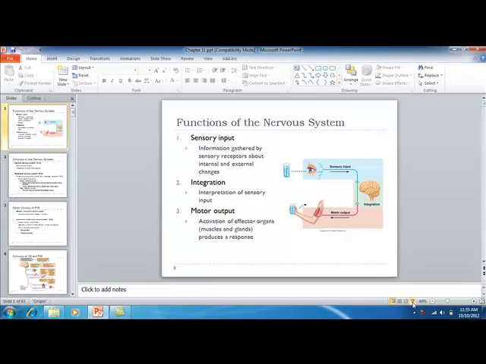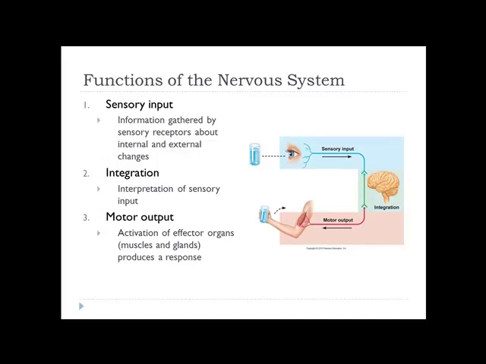So we're doing the nervous system, chapter 11 right now. First off, the function of your nervous system, the gist of it, is going to be three things: sensory input, integration, and motor output. Your sensory input would be some sort of information being taken in and brought to the brain.